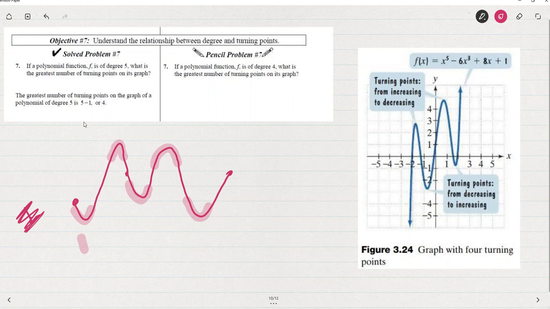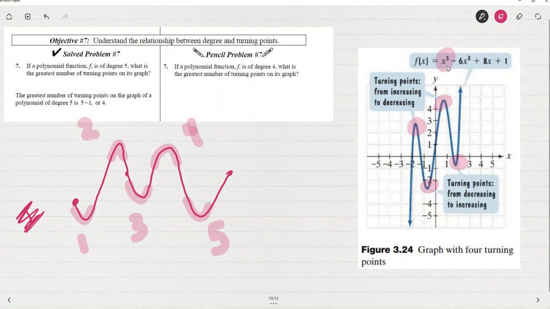So we've got 1, 2, 3, 4, 5 turning points, or 5 times when we were going one direction and then went the other. So here in the graph that's sketched for you from our textbook, we've got 1, 2, 3, 4 turning points.